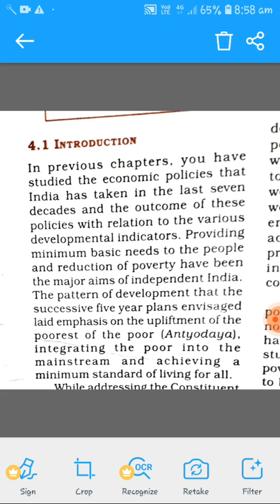Here the government identifies the poorest of the poor people, and they are provided food grains which are very cheap relative to the market price. Suppose 1 kg of rice in the market is 20 rupees; through the Antyodaya Yojana, the poorest of the poor are given it by the government at rupees 2, like that only.